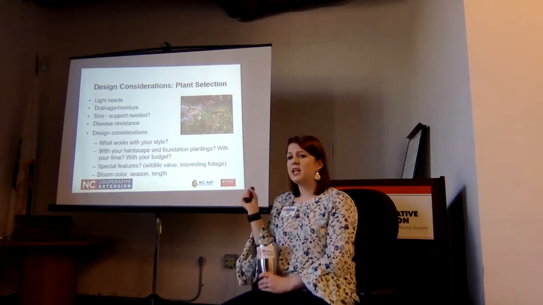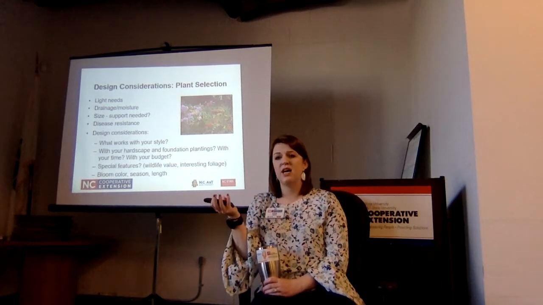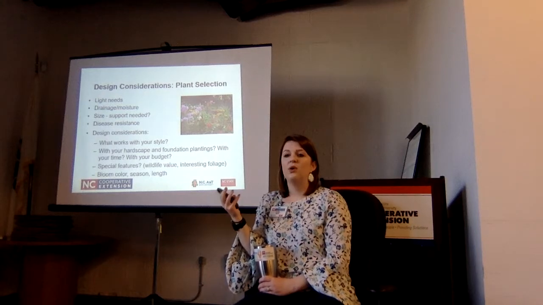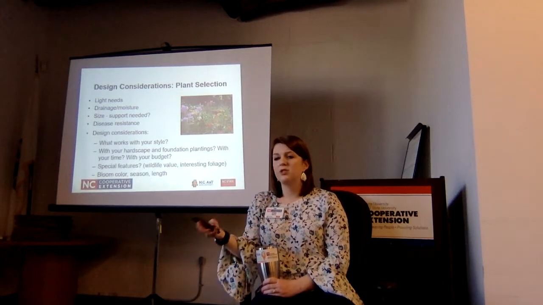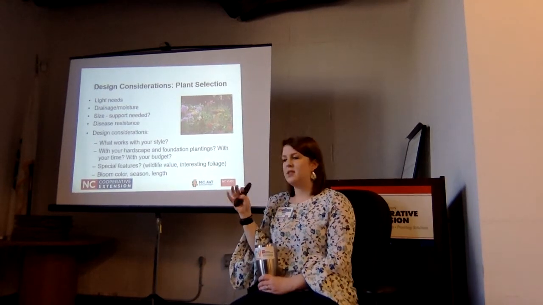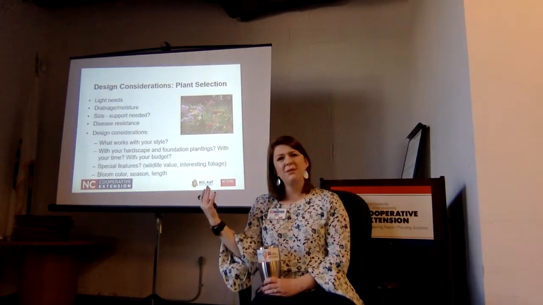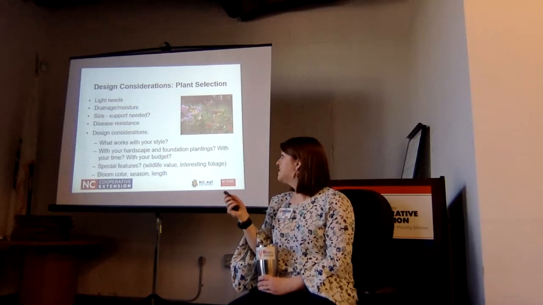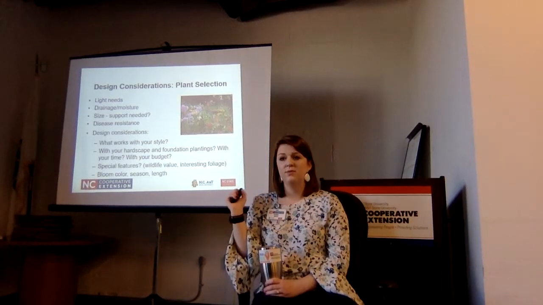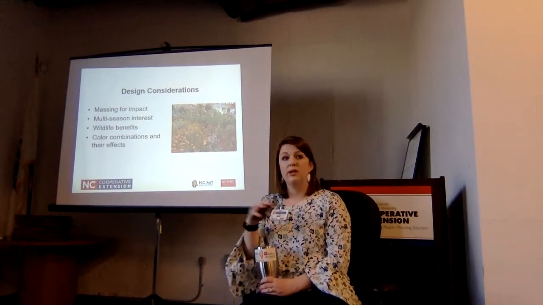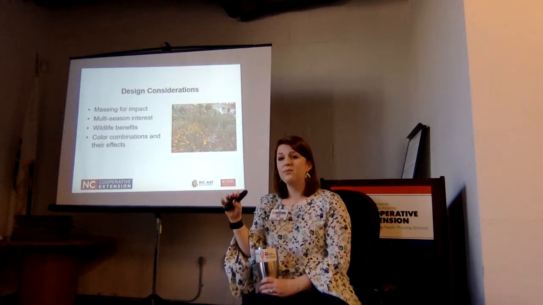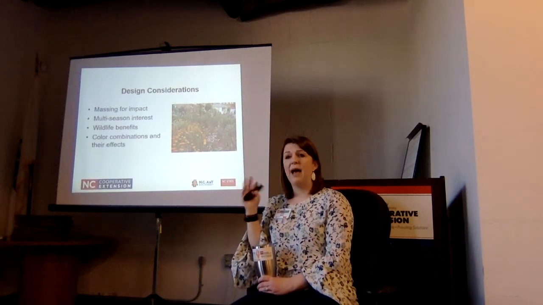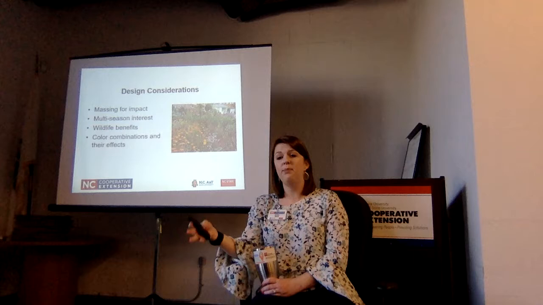And then the design considerations of what works with your style, what kind of planting you want, what works for your budget, and the special features that I mentioned earlier, and also the color, season, and length of bloom, so that you can get all of those blooming when you would like. So do you want to have massing for a drastic impact?